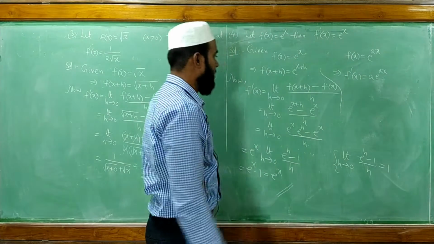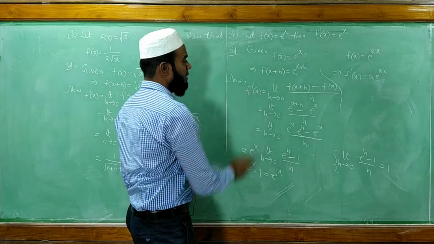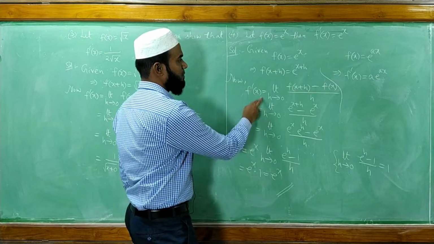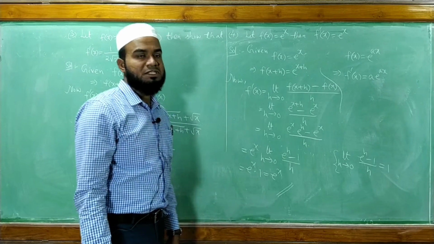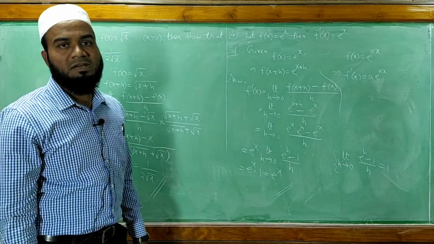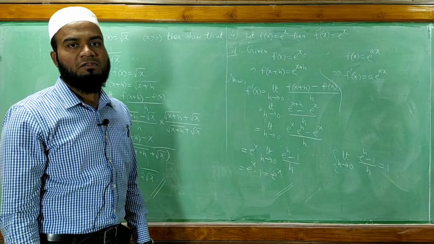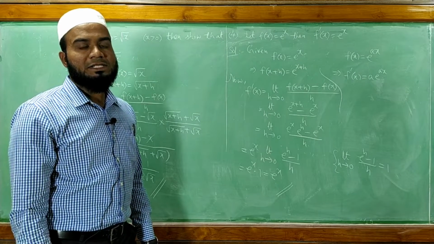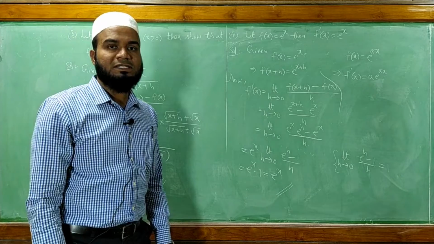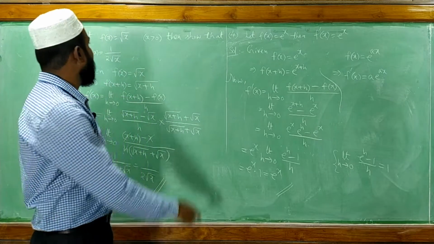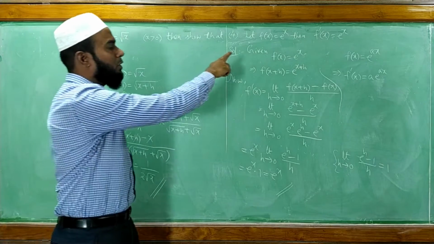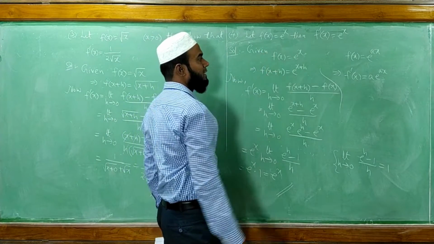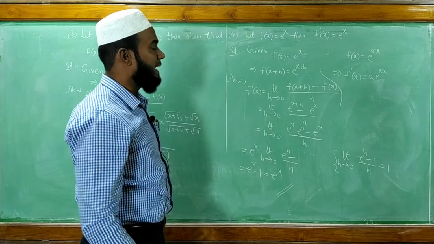This we can establish by differentiation using first principle, right? So how many formulas have we established till now? We have established that the derivative of x is 1, the derivative of a constant is 0, the derivative of root x is 1 by 2 root x, and the derivative of e power x is e power x. Next we will see the derivative of sin x.